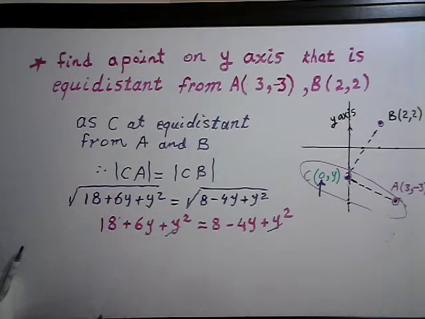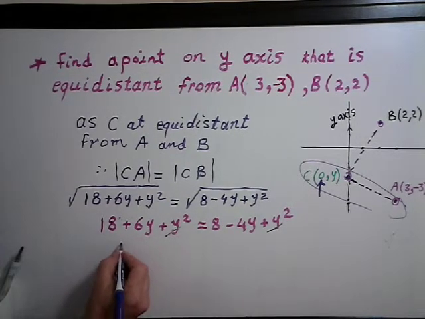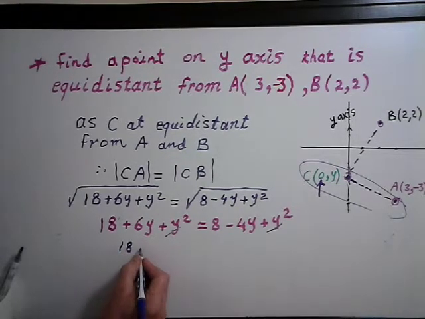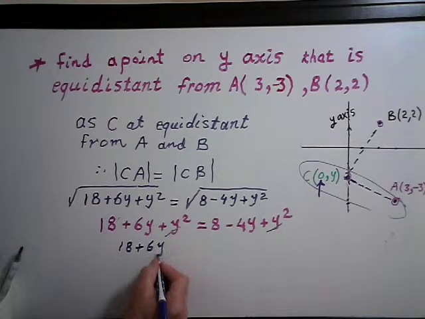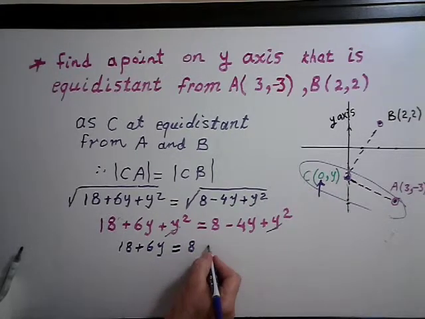So the equation will be of the first degree. 18 plus 6y is equal to 8 minus 4y.